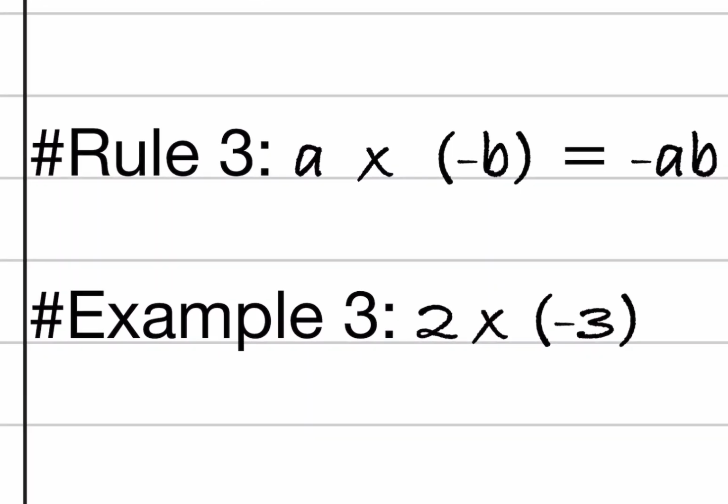Let's look at rule number 3. A multiplies minus B. Now this time it's not the plus minus thing anymore. This time it is multiply. So our little minus stays the same because there's a plus 1 in front. If we remember from the first rule, we multiply plus and minus, we get minus, and A and B multiply to make AB, like this.